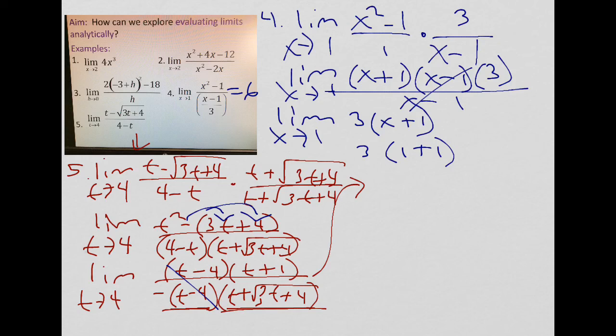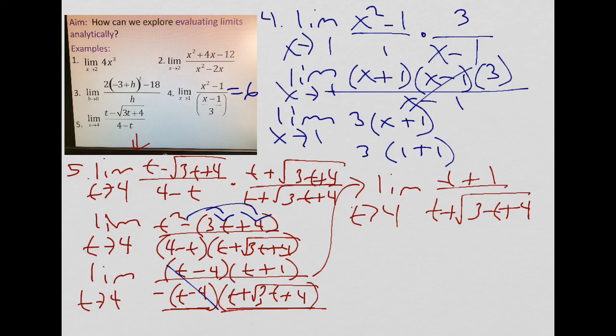All right, so the limit of t plus 1 over t plus the square root of 3t plus 4, as t approaches 4, is the same as the limit of this expression here, as t approaches 4.